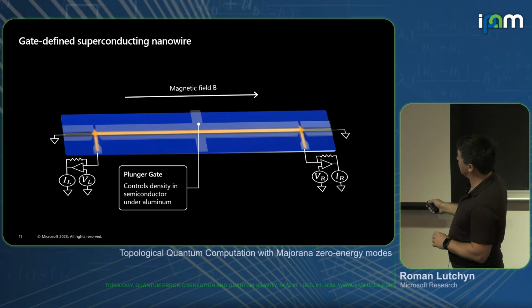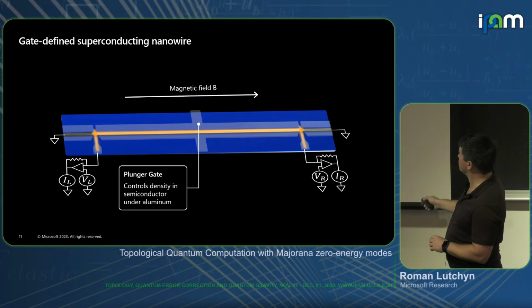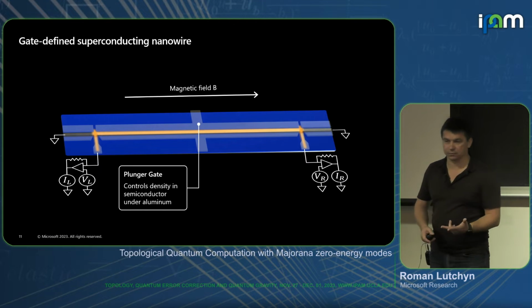So we define the wire by energizing these gates. We deplete these ends so that there's nothing underneath of this wire over here. So you can think about this as a one-dimensional wire. And then here are the probes that tunnel to one end of the wire and another end of the wire. And also this superconducting strip is grounded, so it's effectively a three-terminal device.